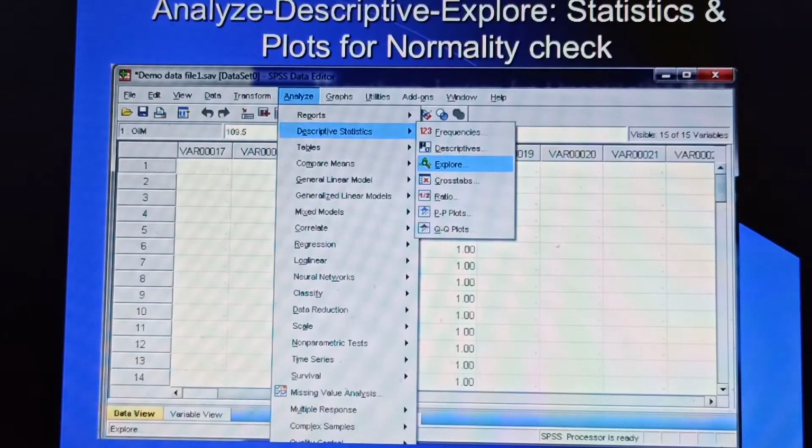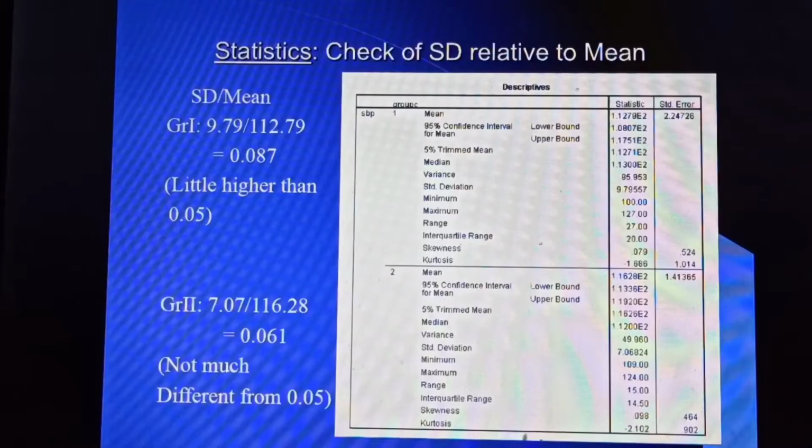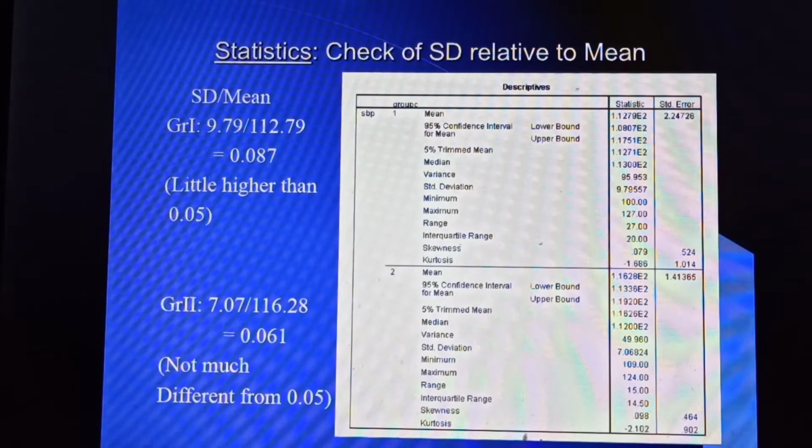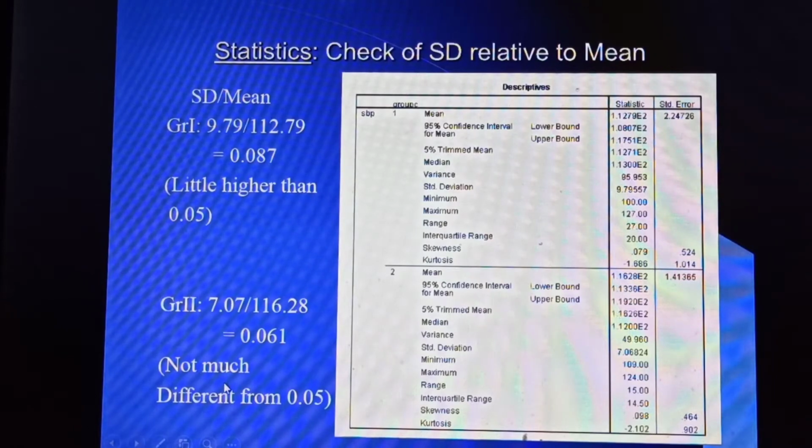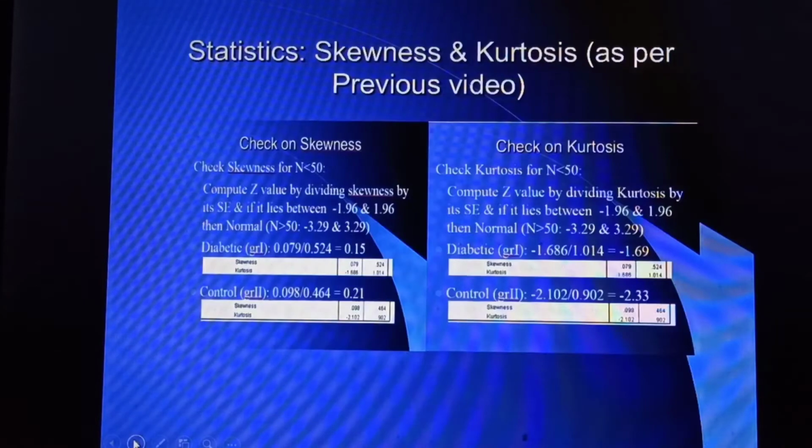In the explore you have statistics and plots. In the check of SD relative to mean, we get slightly higher values in both the groups, and with a little liberal category, we may consider them to be near normal.